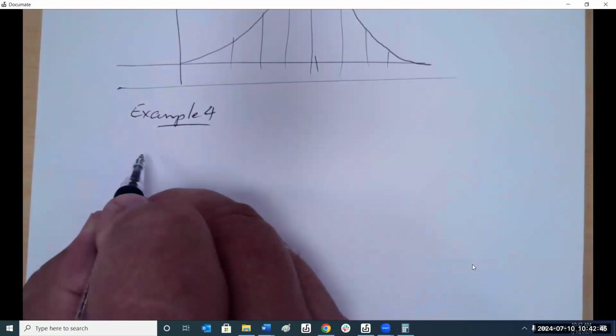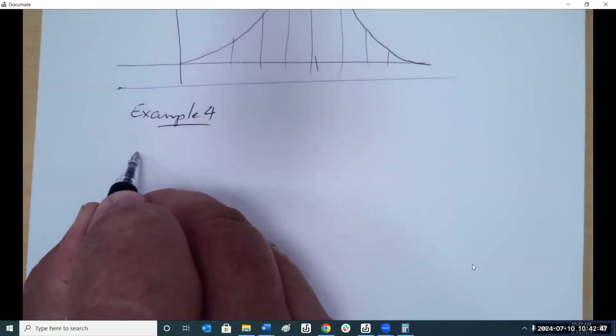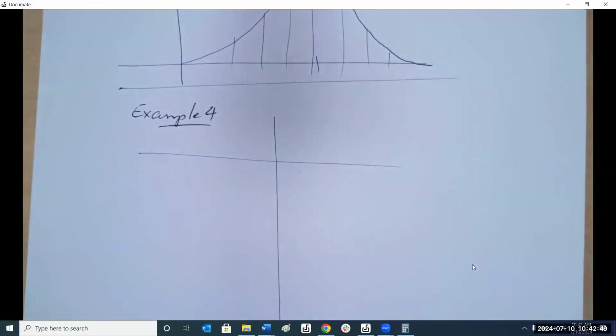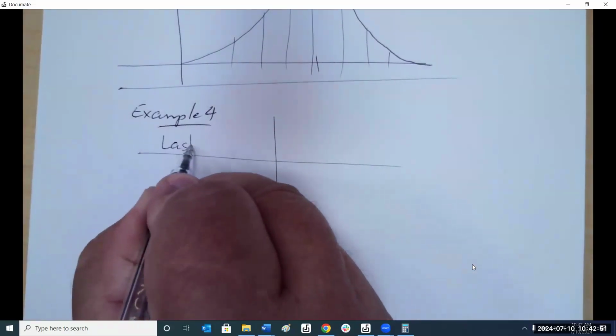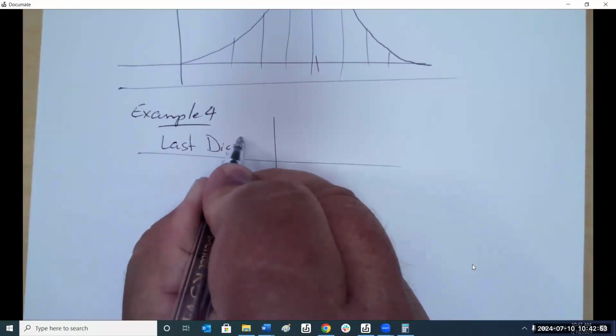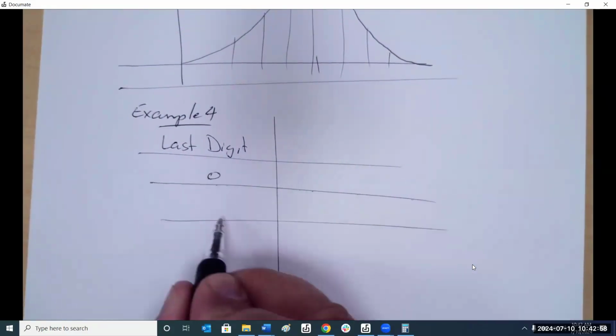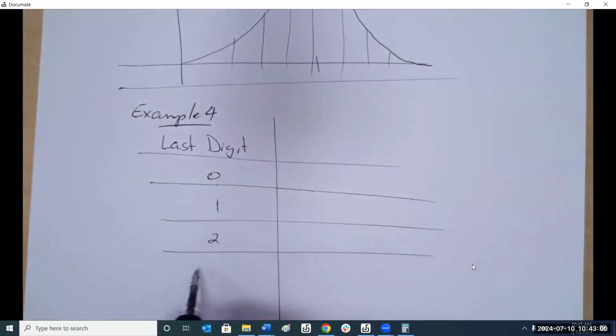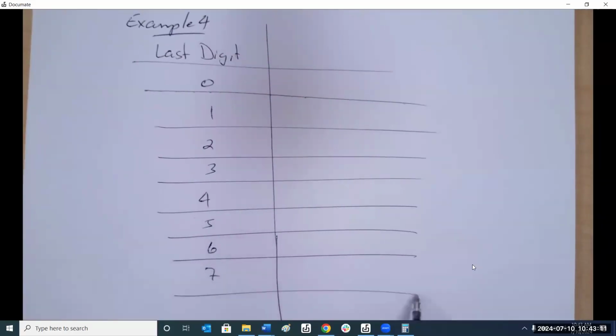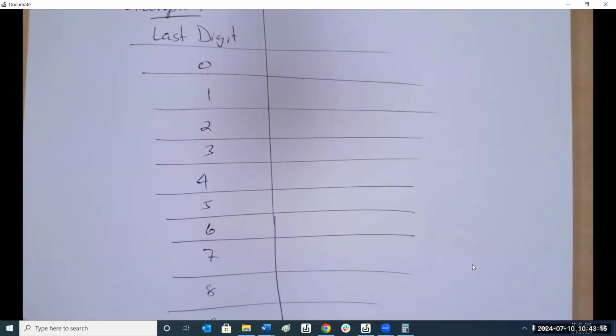I'll show you. Let's look at this next table. If we have a data set, the last digit can be either 0, 1, 2, 3, 4, 5, 6, 7, 8, or 9. It has to be one of those numbers.